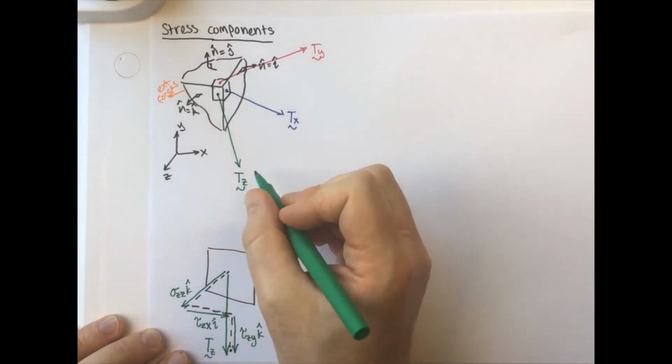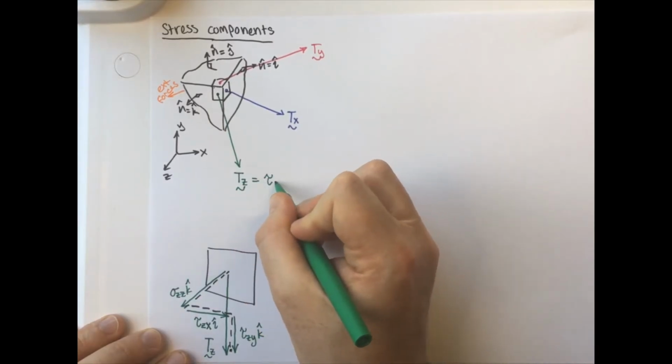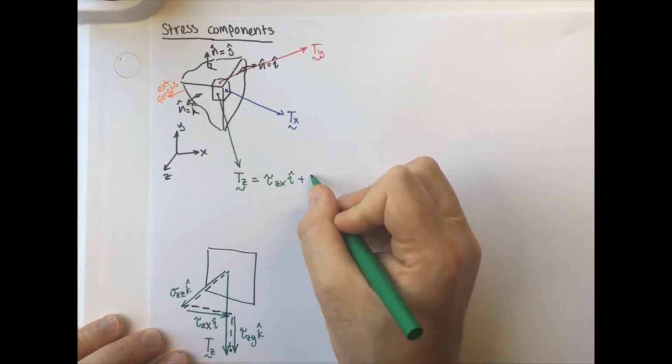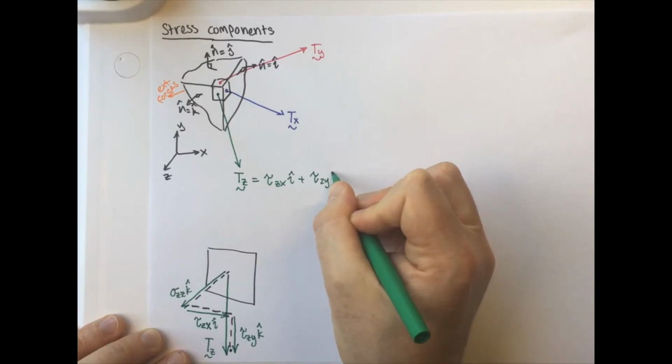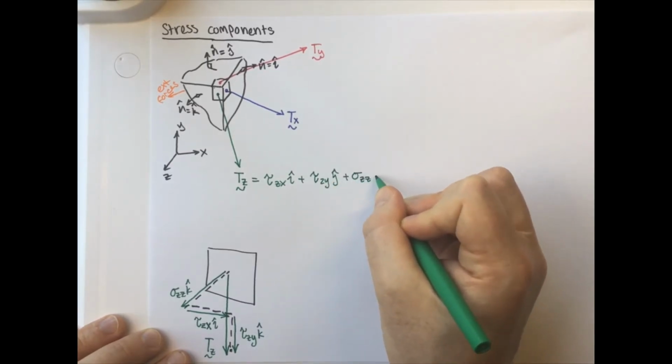So we put all those guys together, we're going to have tau zx i hat plus tau zy j hat plus sigma zz k hat.